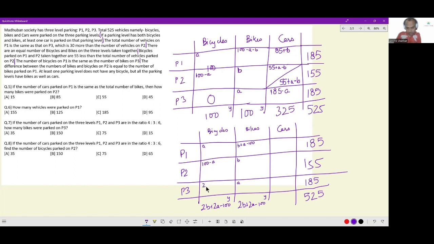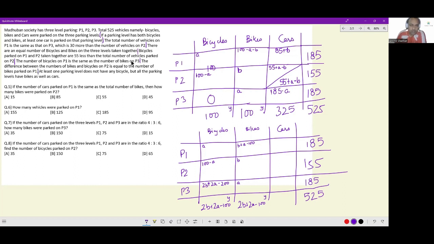So this should be 2B plus 2A minus 200. This can be defined. Now the expressions for cars, I can come out with them. I can have expressions for cars, but then all of them will have A's and B's involved. And I'll wait till I'm done with all the instructions.